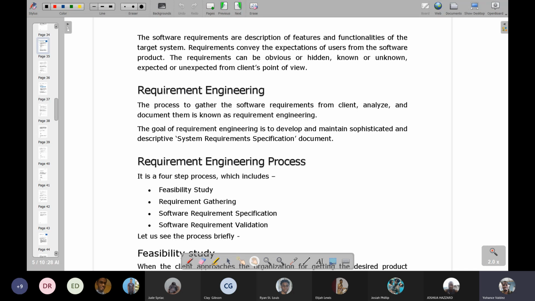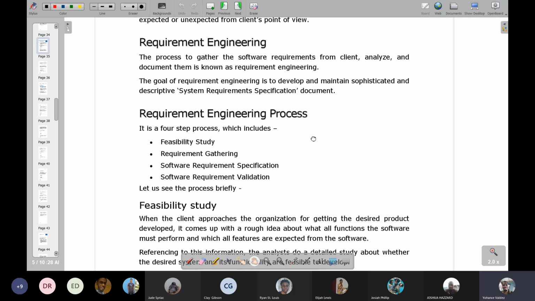Those are requirements, but requirements might also be hidden, right? So there is some thought, and this is why this is the analysis stage. There is some thought that needs to go into finding your requirements. Okay, so we have essentially the requirements engineering process, where you have to develop and maintain requirement specification documents.